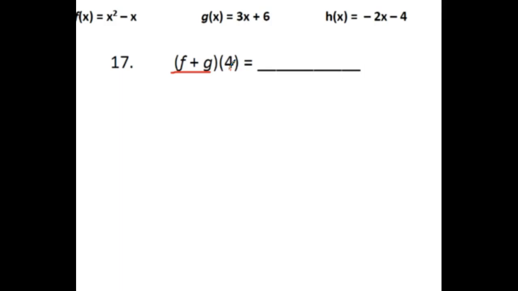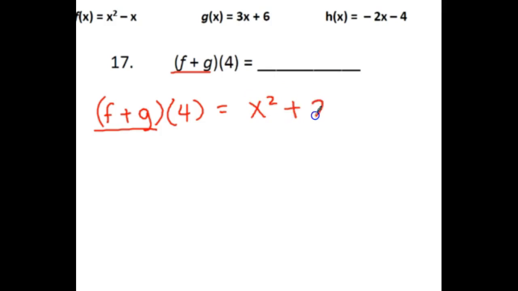You could also input the number 4 first and then add them together. You will get the same answer, but matter of fact, we already added those together in a previous problem. What did we get when we added those together? No, when we add them, we get 2x plus 6.